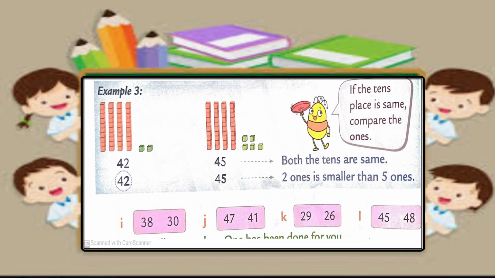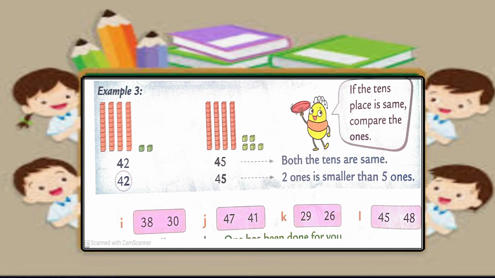Now we have 42 and 45. What does it say? If the tens place is the same, compare the ones. Here the tens places are the same. What is the tens place? It is 4 on both sides. Both the tens are the same.